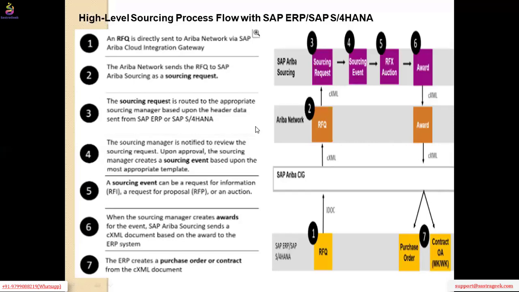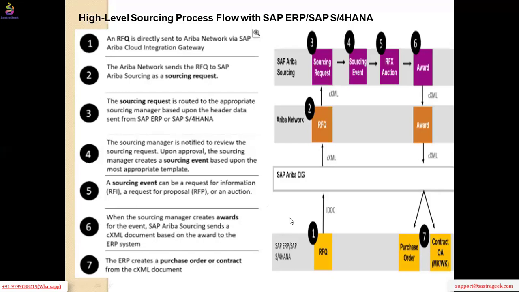Okay, thank you. So this slide explains the process when the customer has an SAP system in the backend, either an S/4HANA system or SAP GCC, and on the other side has the Ariba sourcing solutions. What will the process flow be, and how can we design the customer's business process so they can integrate one system with the other?